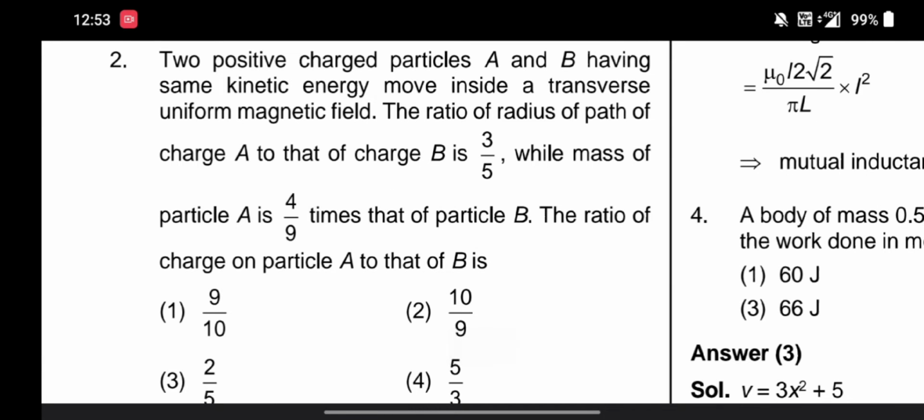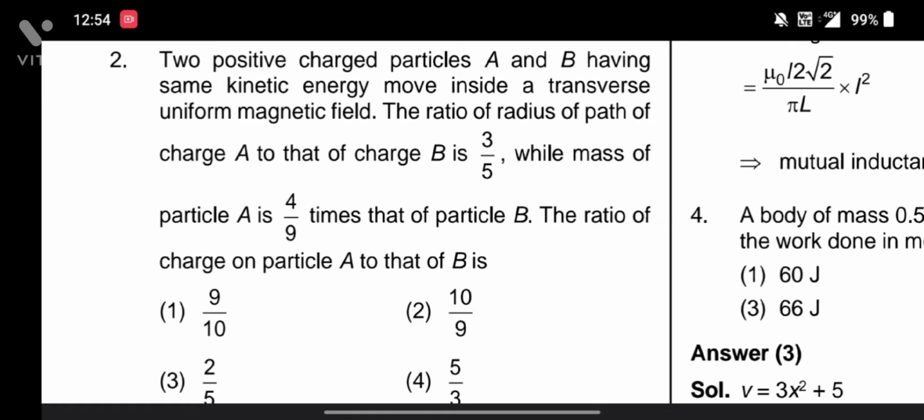After solving question number 1, let us come to question number 2. In question number 2 they have given two positive charged particles A and B. These two charged particles have some kinetic energy and move inside a transverse uniform magnetic field.